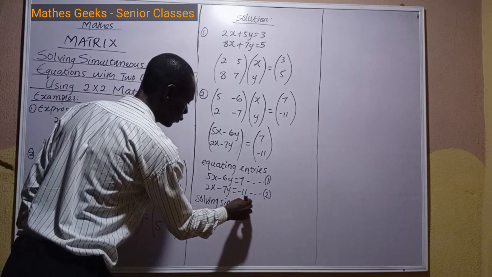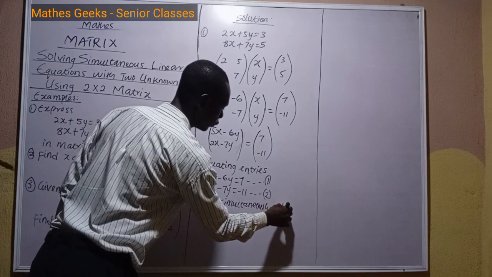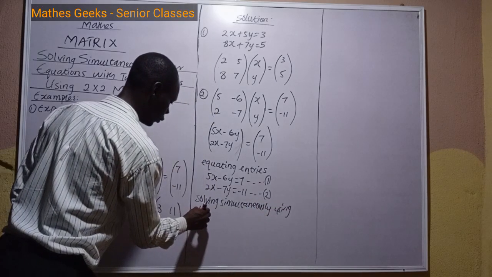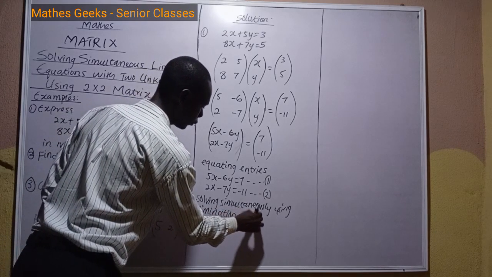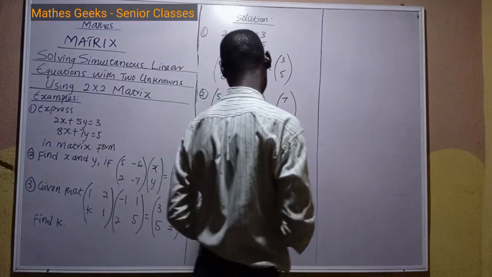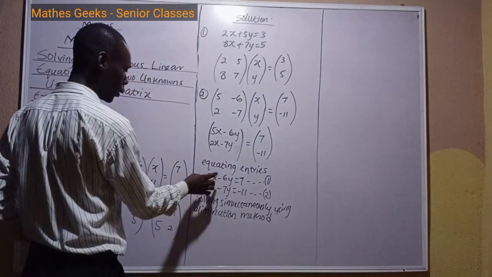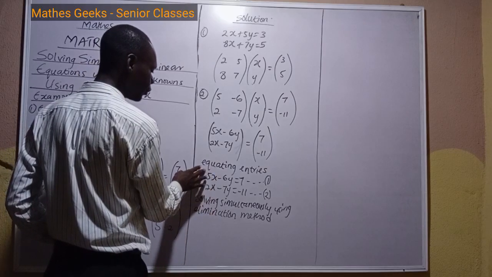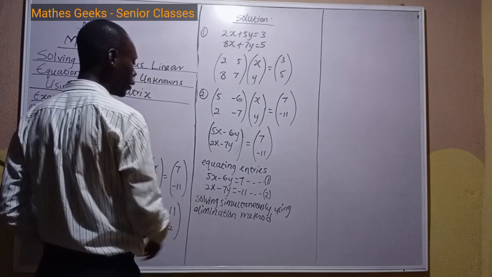So we solve them simultaneously using the elimination method. Since we use the elimination method, I want to ensure that the coefficients of x in both equations are the same.